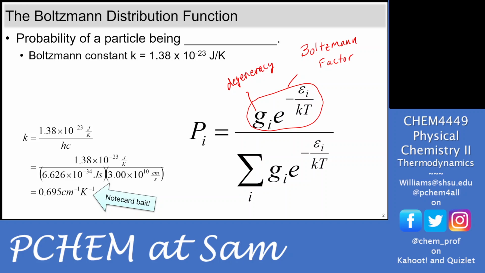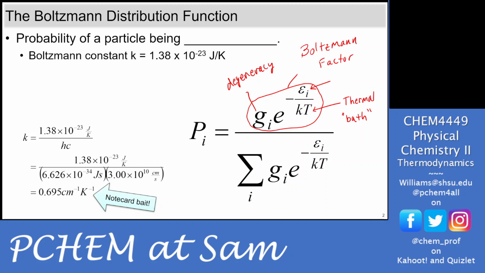And then we have the energies of those individual states right here. So that's the energy of the given state that we're talking about. And then this is the temperature effect. I like to call this the thermal bath. Because I like to think of it as sort of the level of the water in the bathtub.